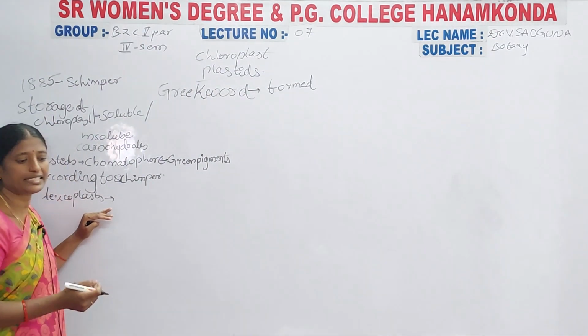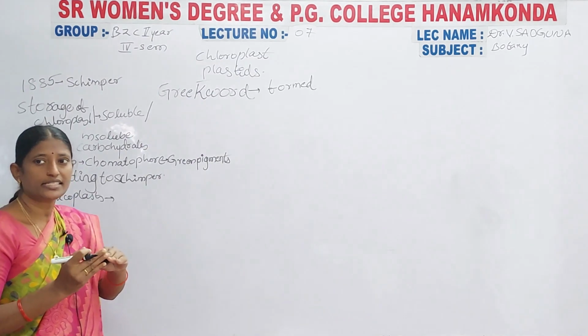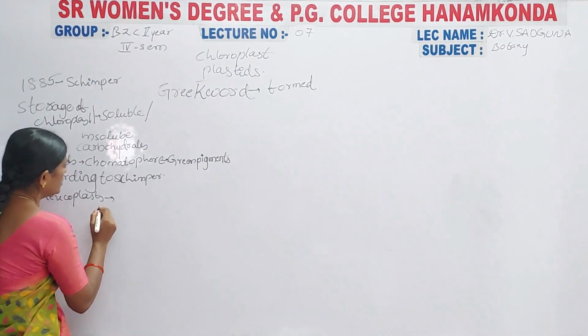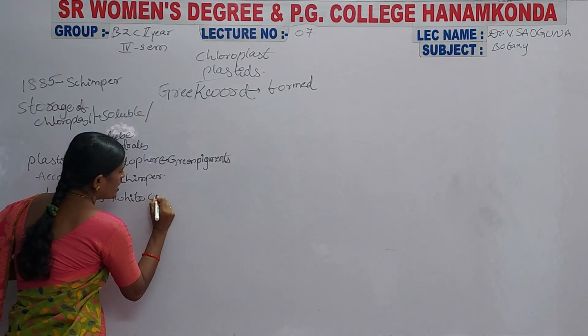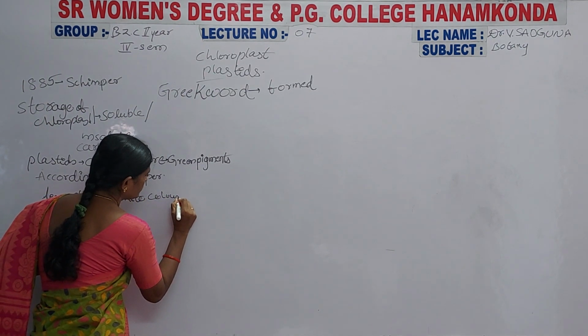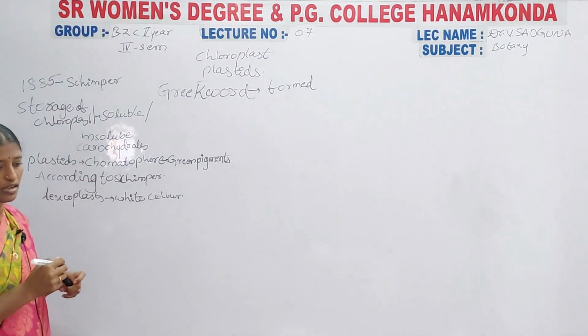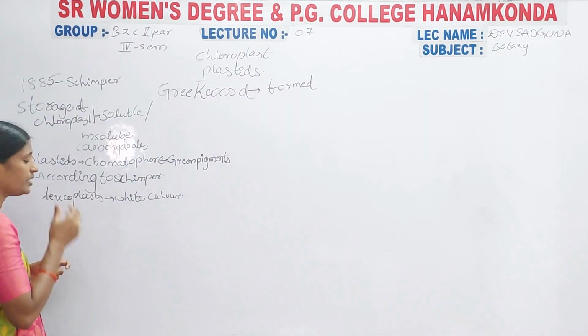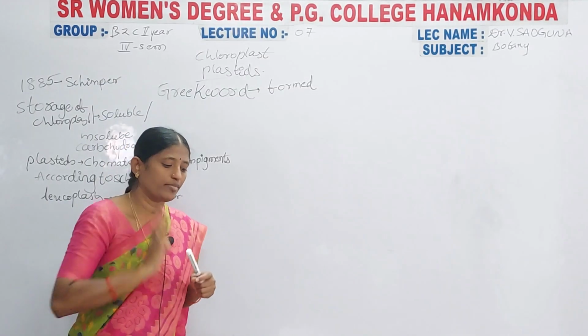Leucoplast means the plastid is white in color. Leukocytes and leukemia are terms to easily identify and remember it.